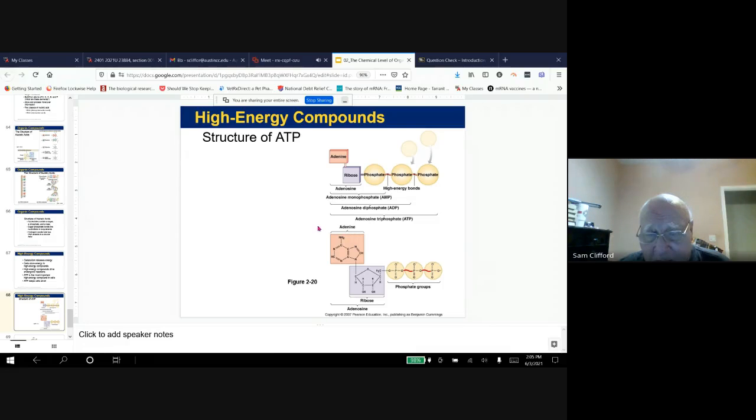All you got to know is that a nitrogenous base plus a sugar plus phosphate groups, and a great deal of energy is stored in these bonds. And your mitochondria takes energy from your food, makes ATP, and ATP is used throughout the body to promote reactions that need energy.